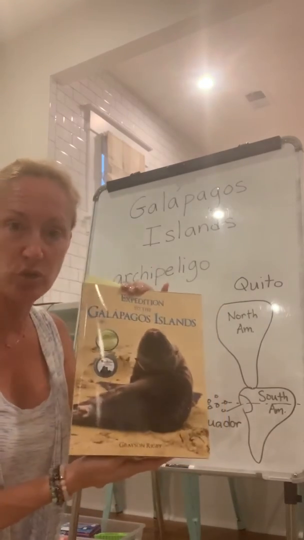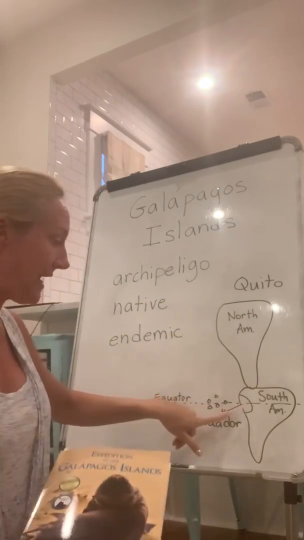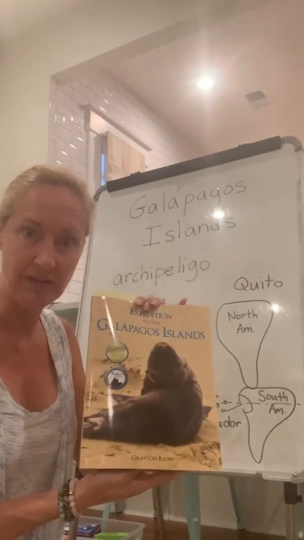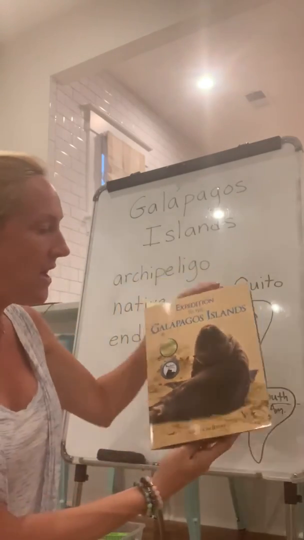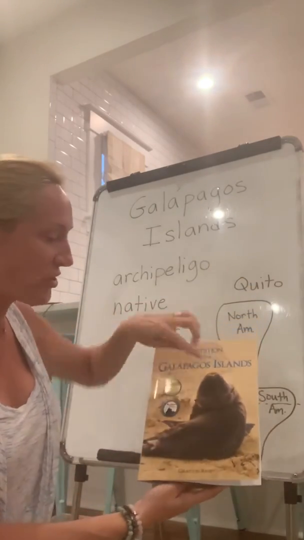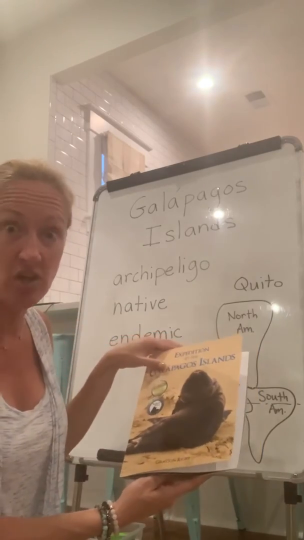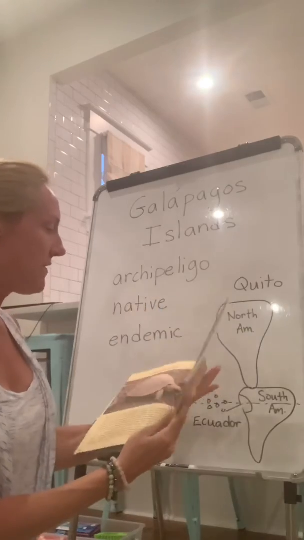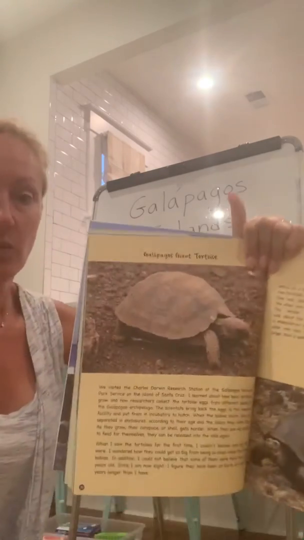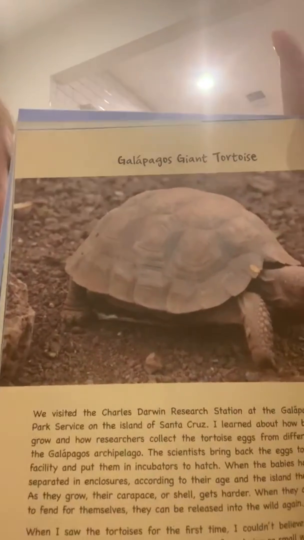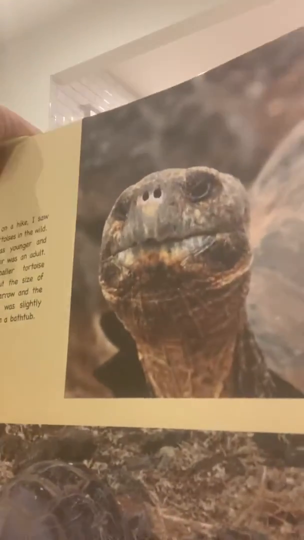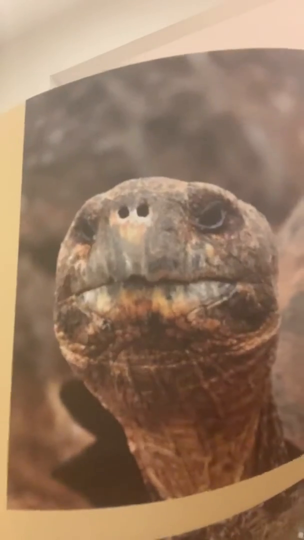He took a trip on a boat, like I did, around the Galapagos Islands, and he kept a journal, like Miss Lane is doing right now on her trip. He wrote down and took pictures of all the things that he saw on his trip, and he made this cool book. Okay? And one of the things that he saw was the Galapagos giant tortoise. Look at that face.